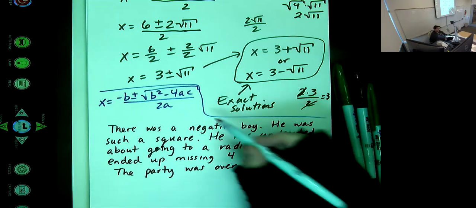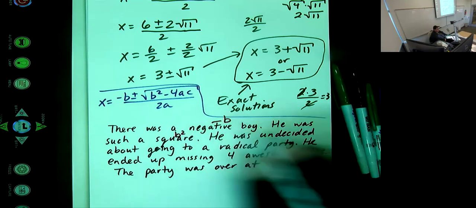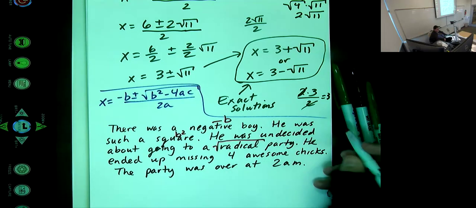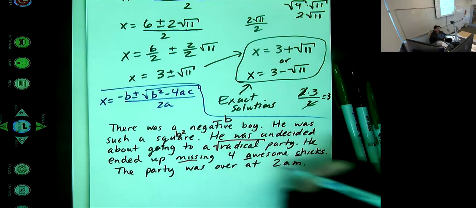That'll work. This is our negative boy. Yep, he was a square. It was a radical party. He missed 4 awesome chicks. Missing is like minus 4 AC.